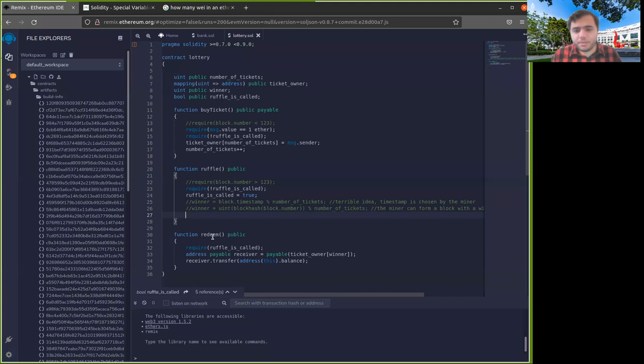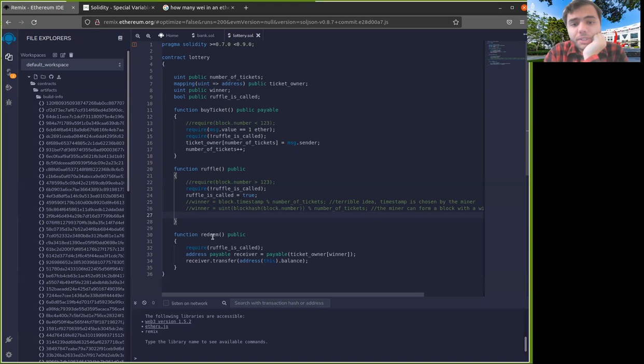So this kind of randomness that depends on the miner is in general not something that I would suggest to you. I would much rather you do something completely different. Okay. So if we cannot rely on the blockchain and on the current block to give us the randomness, what can we do? Well, another thing that we can do is that we can just use the participants to create the randomness.